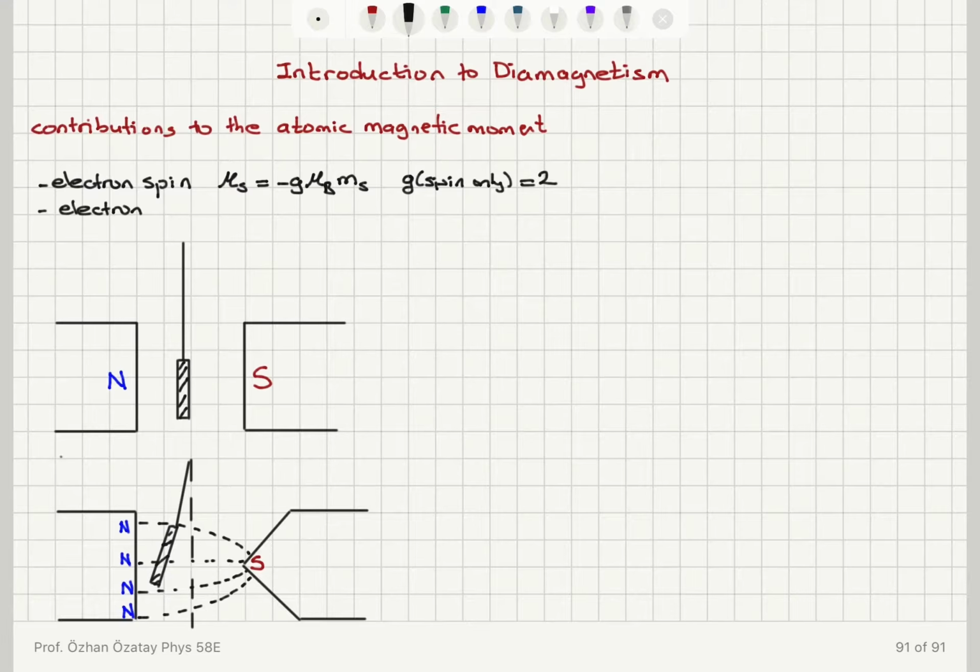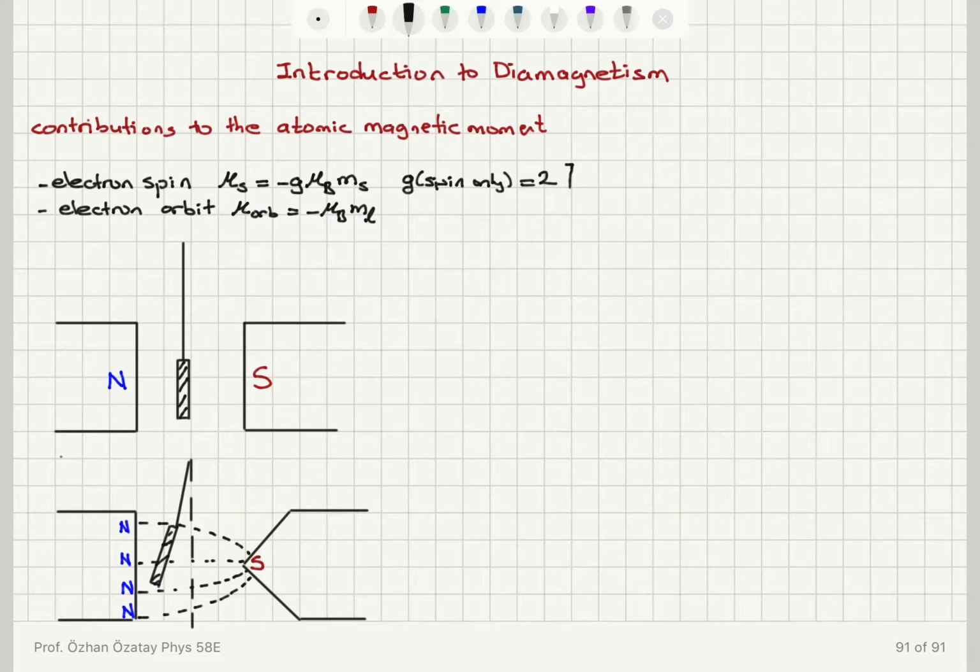We have electron orbital angular momentum that is contributing. Now we have the magnetic moment due to the orbit, mu orbit, which is basically minus Bohr magneton times the magnetic quantum number m sub l.